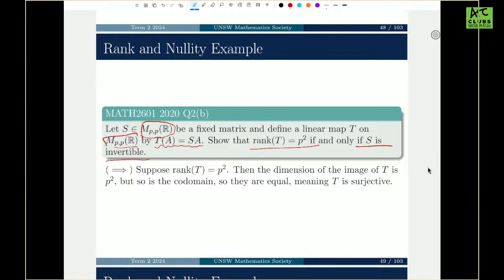We should know this: P by P matrices, P squared. So they're equal. So that means T is surjective. This is because the dimension of a subspace equaling the dimension of the space itself must mean that they're equal. Okay, so we have surjectivity.